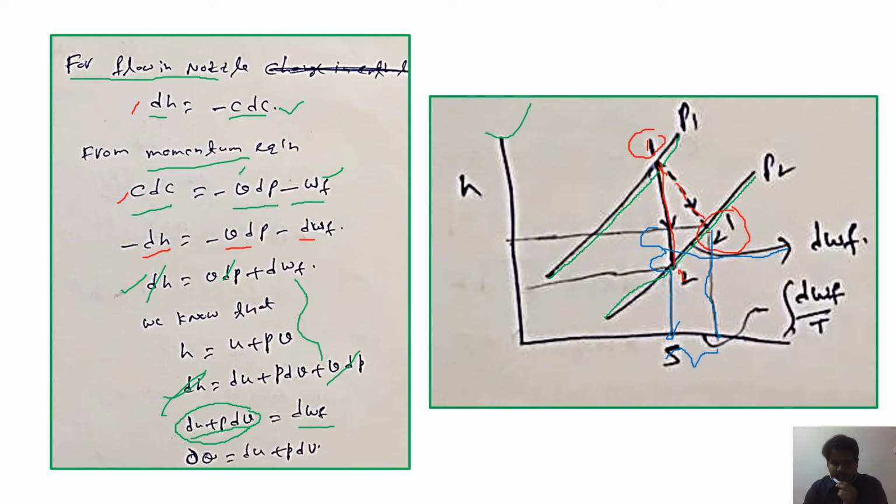So this is the integral of dWf divided by T. We also can say that the difference in enthalpy is less in case of 1 to 2 dash, so in the nozzle the velocity of the fluid will decrease if there is friction.